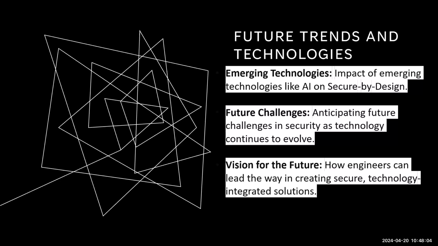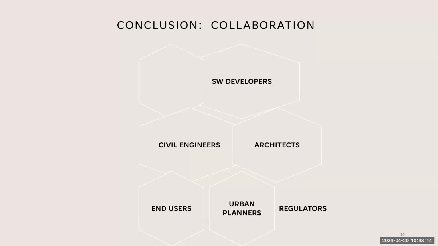So the vision for the future for you all engineers, you can lead the way in creating secure technology and integrated solutions. So in conclusion, it's all about collaboration between various stakeholders. We're talking about software developers, civil engineers, architects, end users, urban planners, and the regulators as well.